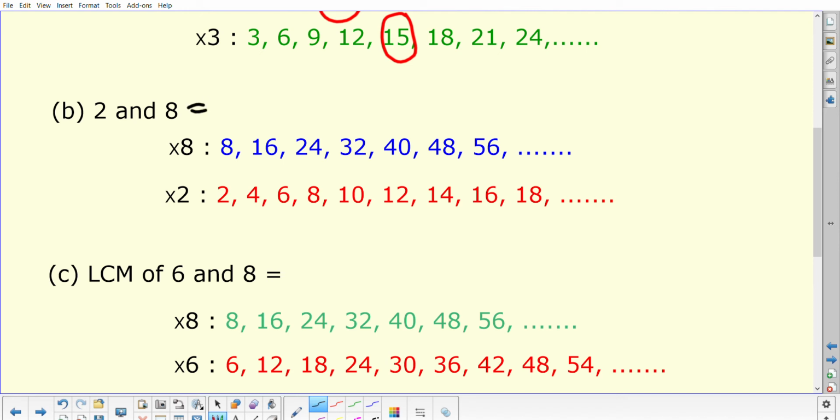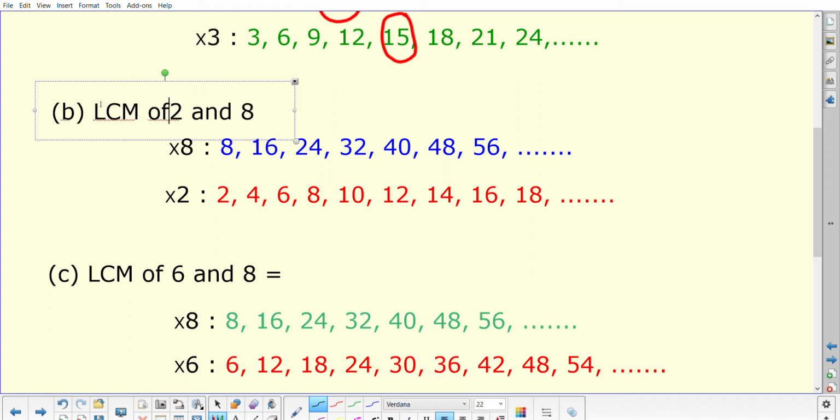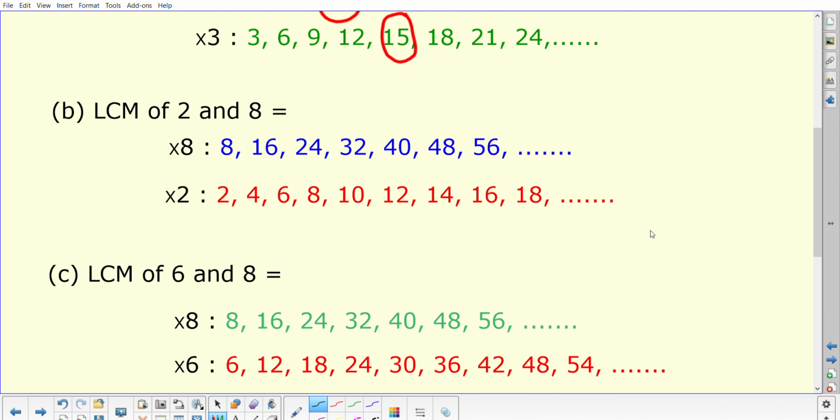So for another one, if we're finding the lowest common multiple of 2 and 8, let's write in there that we're doing LCM. Right, so lowest common multiple of 2 and 8 is equal to... if you're looking through your times tables, I've written the 8 times table down there, and then the 2 times table, but you will find that actually it's the very first number.